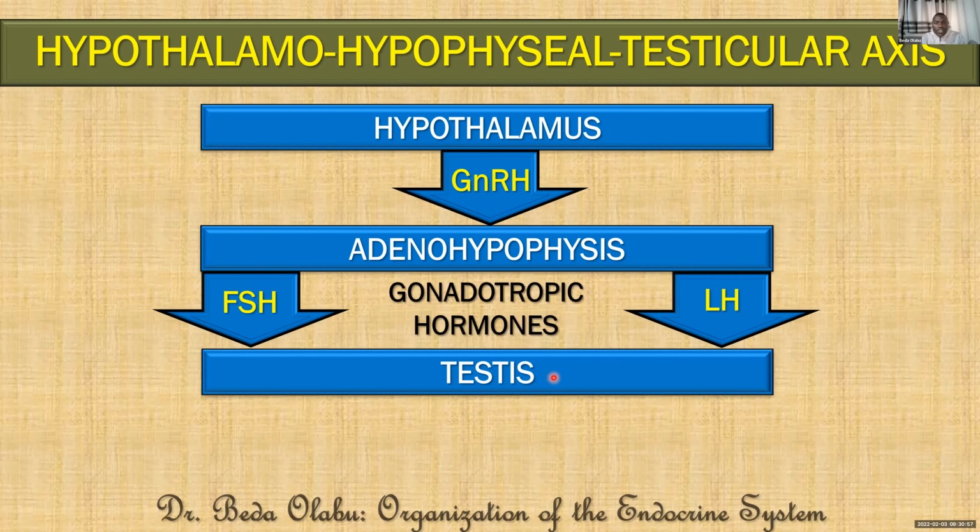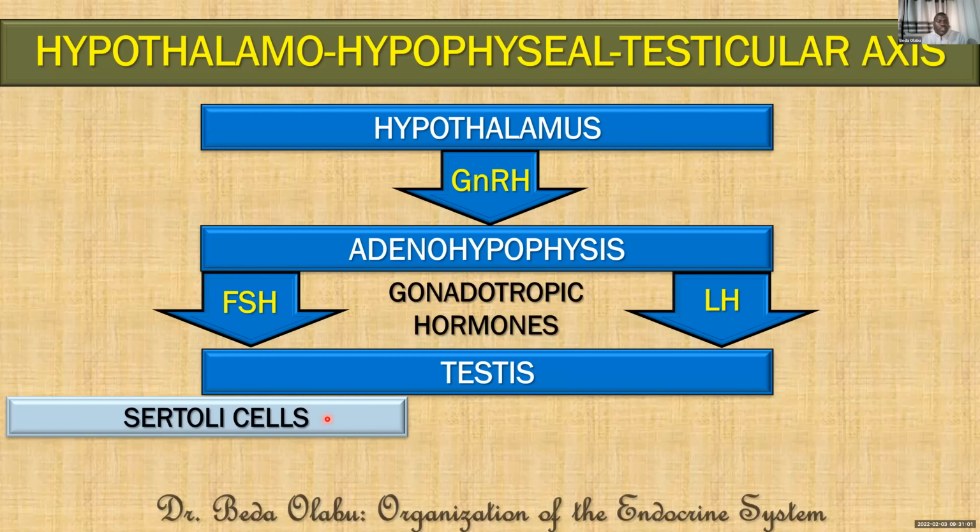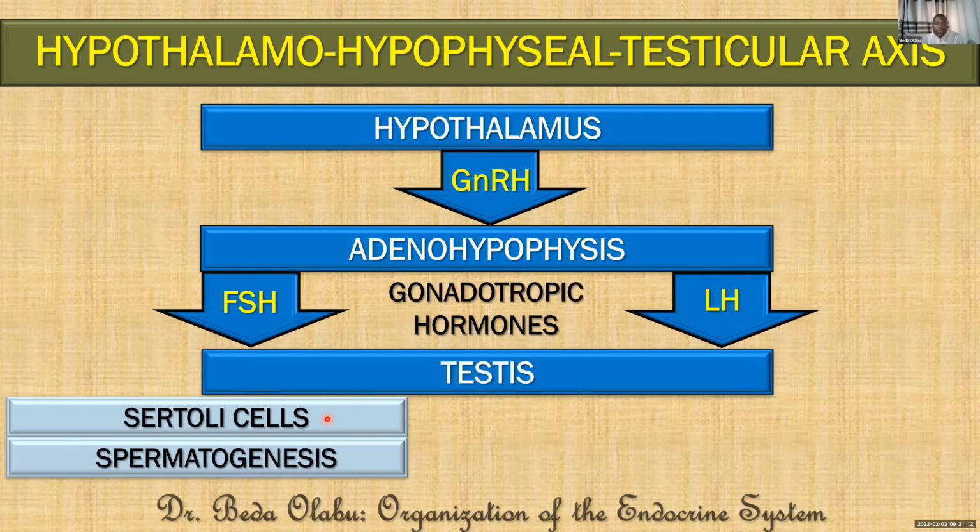The effect on the testis: FSH acts on the seminiferous tubules of the testis, primarily targeting the Sertoli cells. The physiological effect is to promote spermatogenesis.